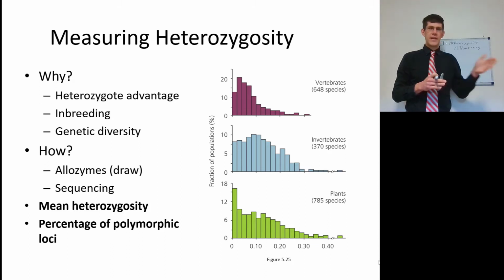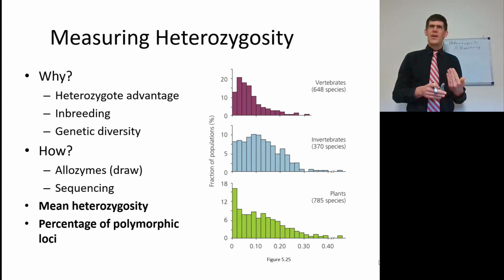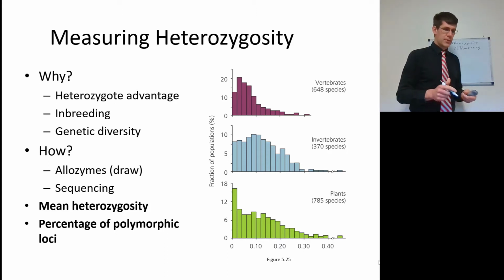So for each gene, what's the percentage of those that even have different alleles? For this gene, there might only be 1 allele. Okay, it's not heterozygous, but for another gene, there might be 2 different alleles. For a third gene, there might be 3 separate alleles, like the ABO blood types. So how many different loci are polymorphic, i.e. how many different loci have different alleles? These are ways of measuring it.